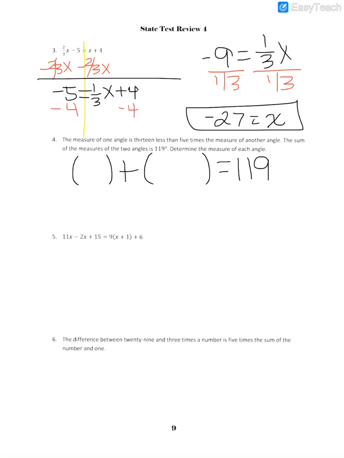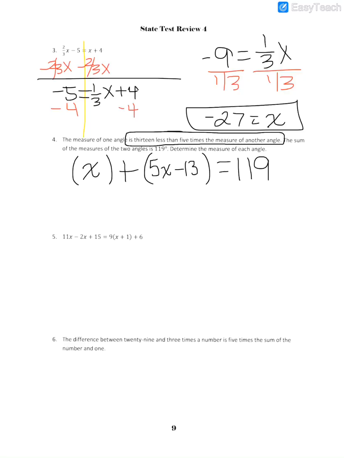The first one, I'm going to just have it be x. Then the second one, I'm going to use this sentence right here. It is 13 less than 5 times the measure of the other. So remember, 13 less, it needs to come at the end. 5 times the measure of the other one.